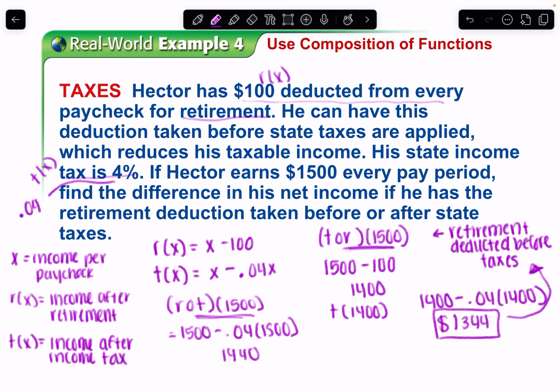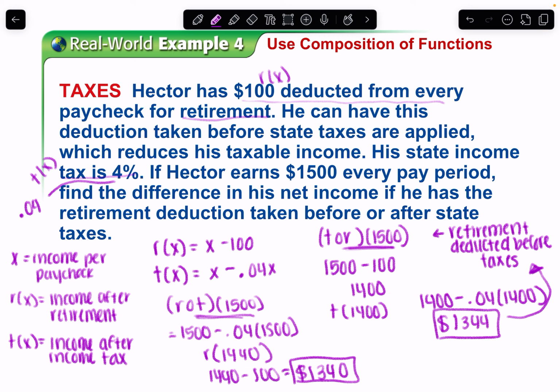Now I have the added step of taking that and plugging it into my R function, which is just subtracting 100. So I would do $1,440 minus 100, which would end in 1340.